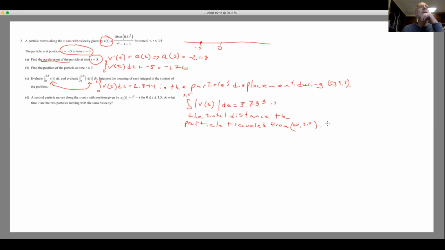I'm going to try to do D here. It says the second particle moved along the x-axis with the position given by t squared minus t. For what time are the two particles moving with the same velocity? So how do I figure that out?